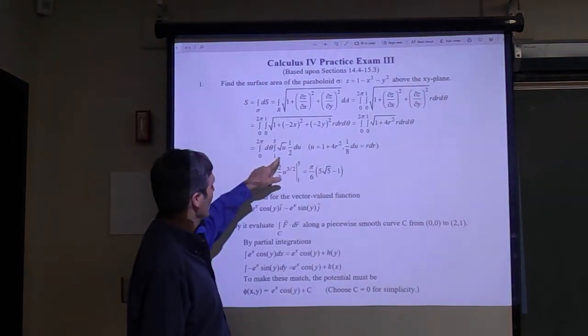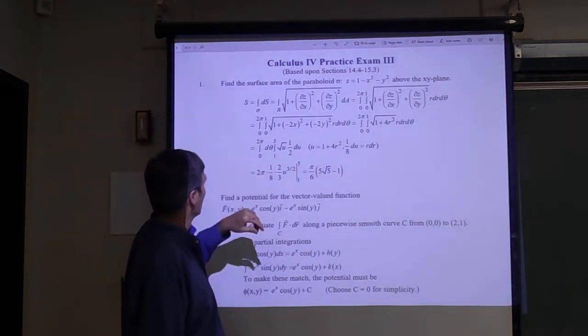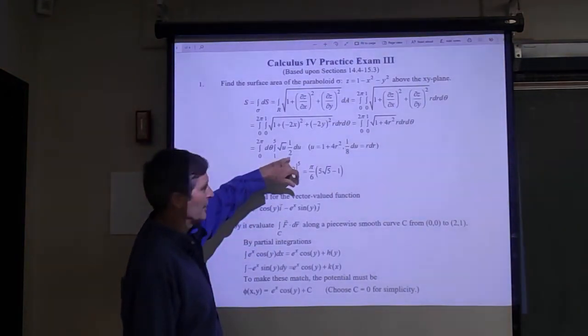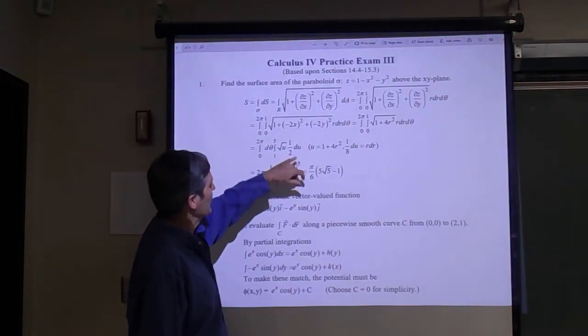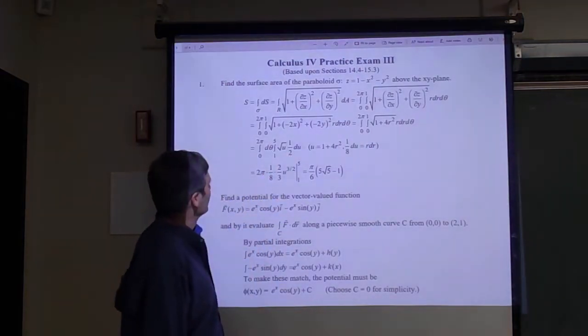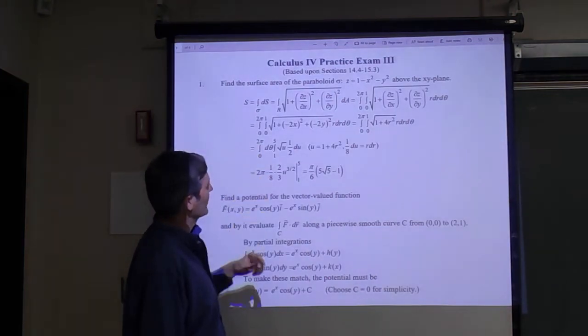I think this should have been a 1/8 here. I forgot to go back and fix it. So it's the square root of u times 1/8 du that this one integral becomes. There's an 8 here. And then the integral from 0 to 2 pi d theta.